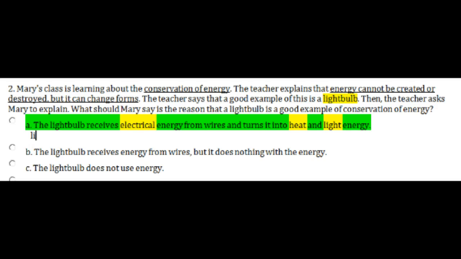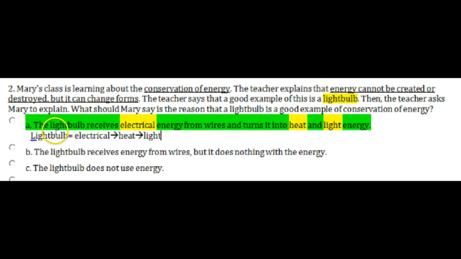A light bulb equals electrical transformed into heat, and the arrow means transformed into, and light.